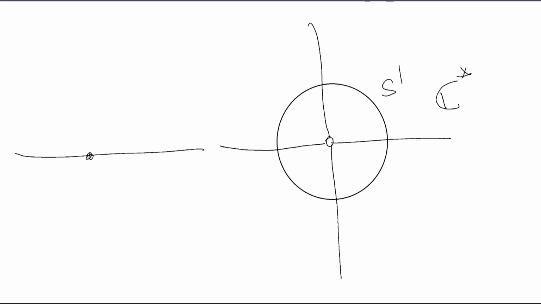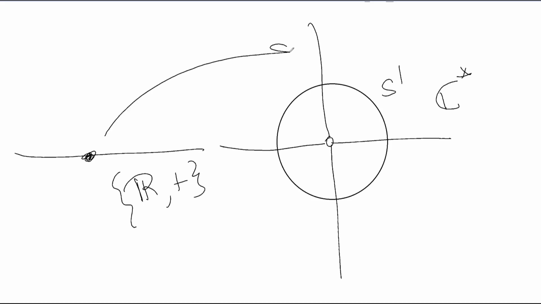Then you saw just a while ago that from R we can have a map x goes to e to the ix. So all that we are doing is going from R to S1, that is the circle group, right?